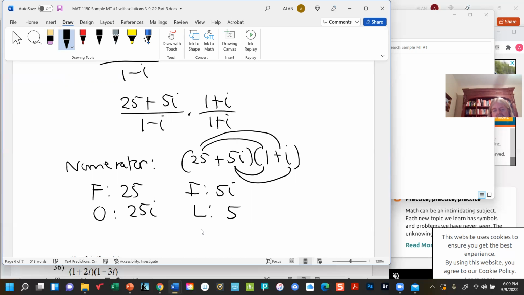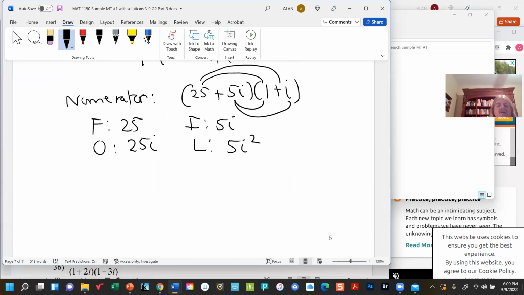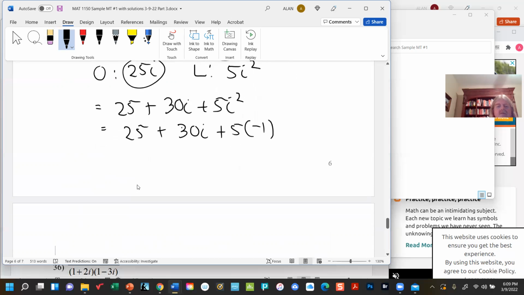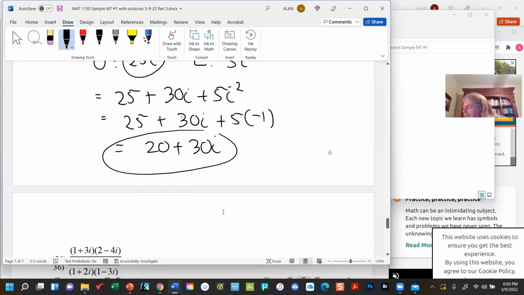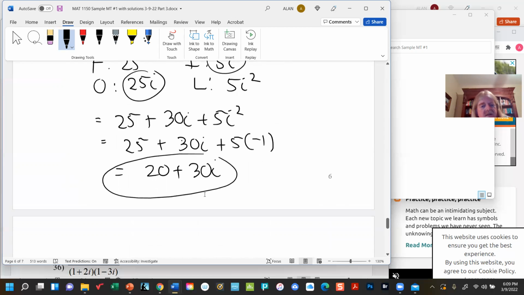Now this is 5i squared, of course, which reduces to -1. So we've got 25 plus 30i plus 5i squared. Okay, so that means we have 20 plus 30i. That's our numerator. And then the denominator, 1 plus i, 1 minus i.